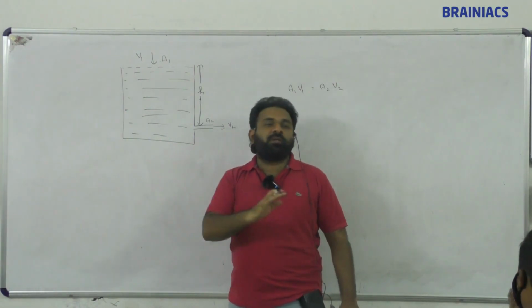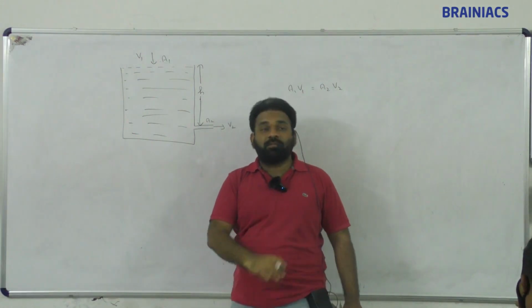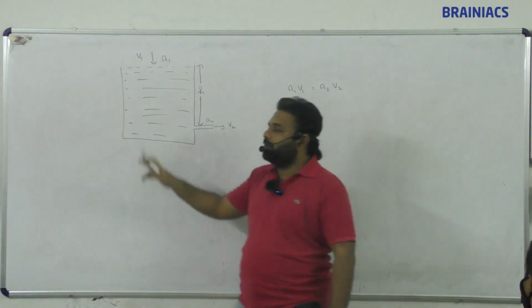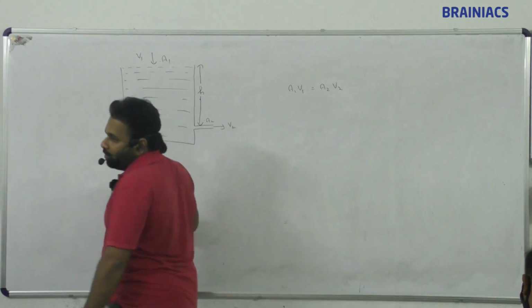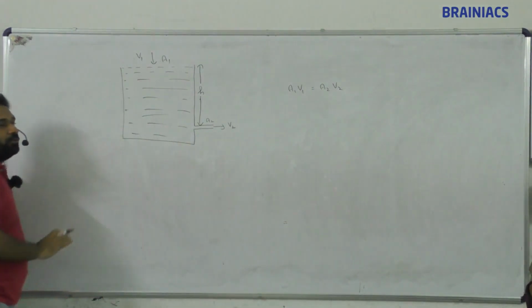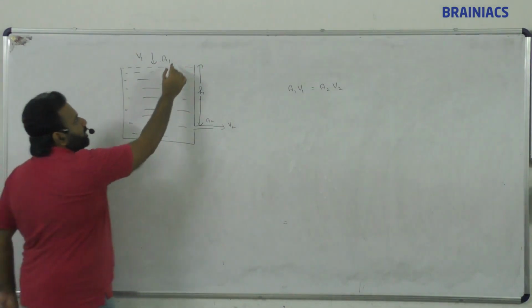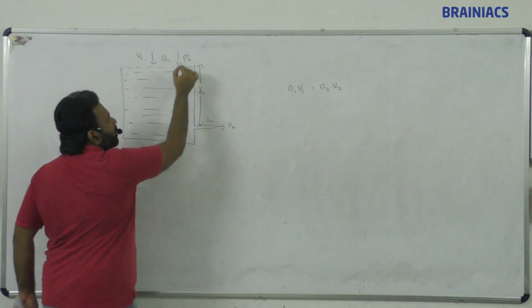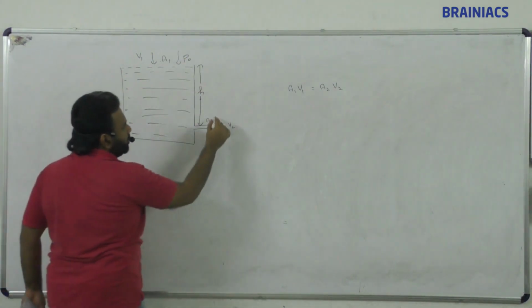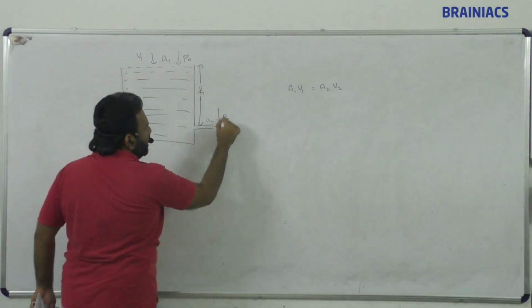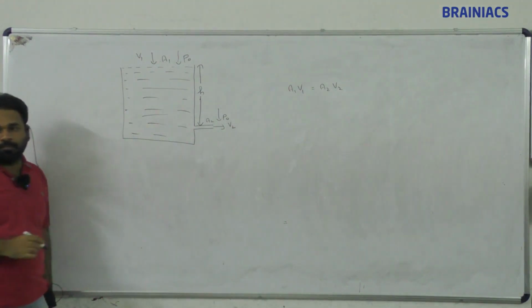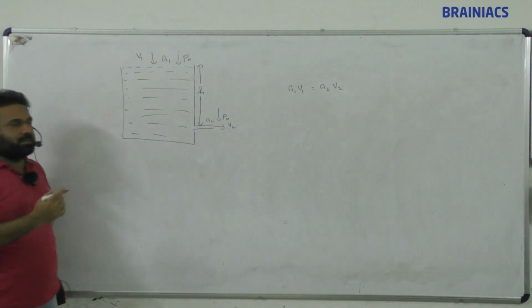If it is mentioned like that, then we should consider that ratio. And what should we do? We should apply Bernoulli's theorem here. What is the pressure here? Atmospheric pressure. What is the pressure here? Again atmospheric pressure.